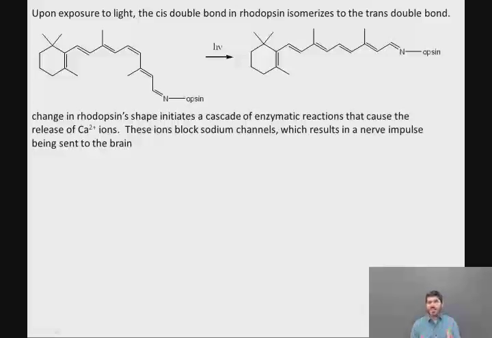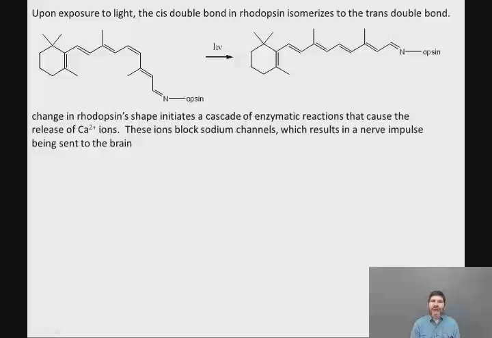You've seen this before, the shape of cis versus trans fatty acids and the effect that that has on things like melting points. So this change in rhodopsin's shape from cis to trans, from bent to linear, if you prefer, initiates a cascade of enzymatic reactions in the body that ultimately cause the release of calcium ions. Cascades of reactions frequently involve the release of calcium ions.